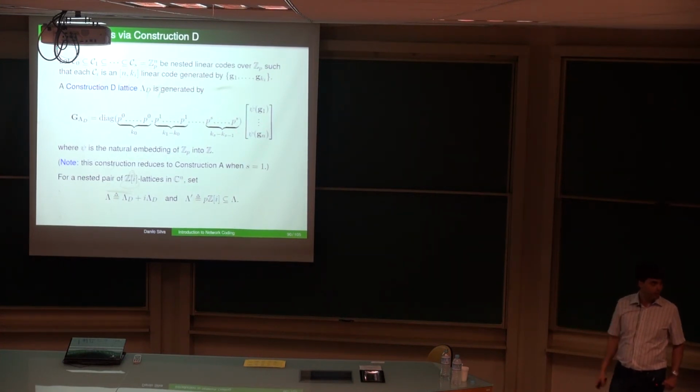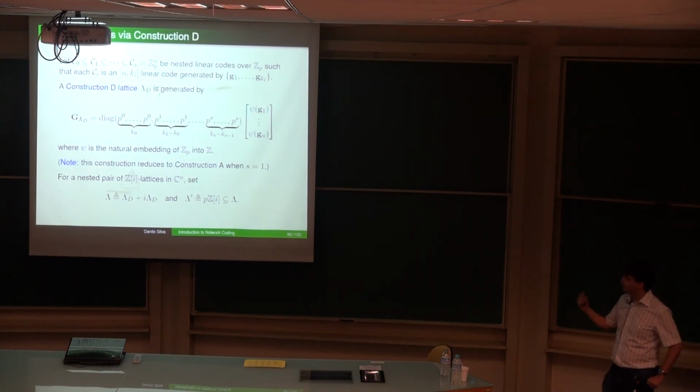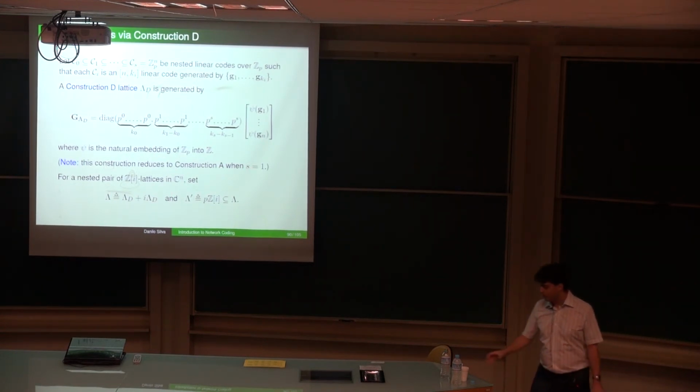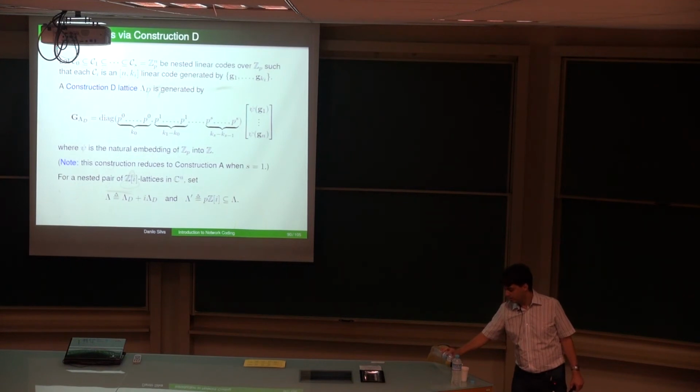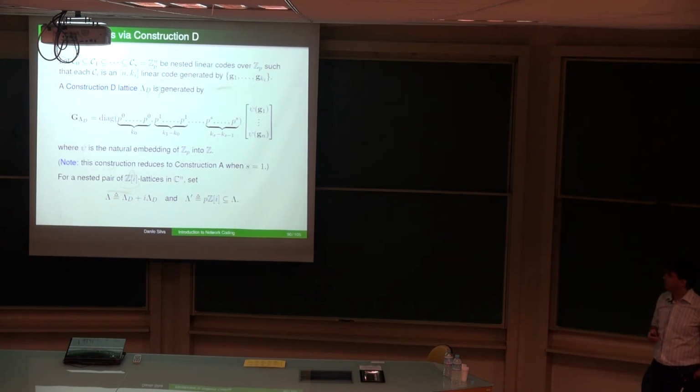Okay, so that's a possible description of construction D to get the generator matrix of the lattice. And this generalizes construction A, when you just have one code, and you can again lift it to a lattice over Z[i], just by using the same lattice on real and imaginary parts.